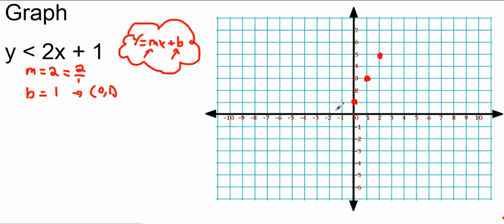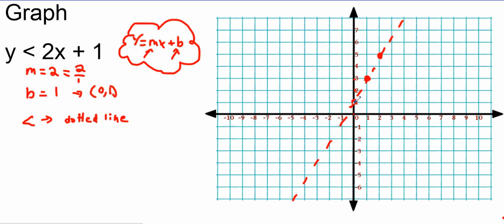All right, the next thing I notice is that this inequality is a less than, and a less than implies we're going to connect the dots, or the boundary line, with a dotted line. So my boundary line is dotted. And the significance of the dotted line implies that the points on the line are not solutions.